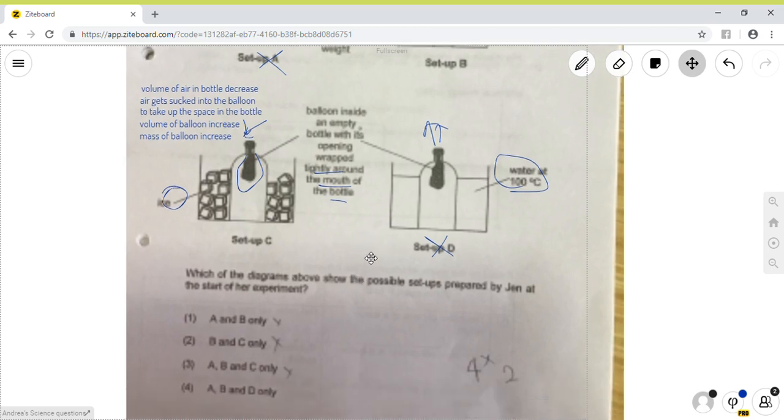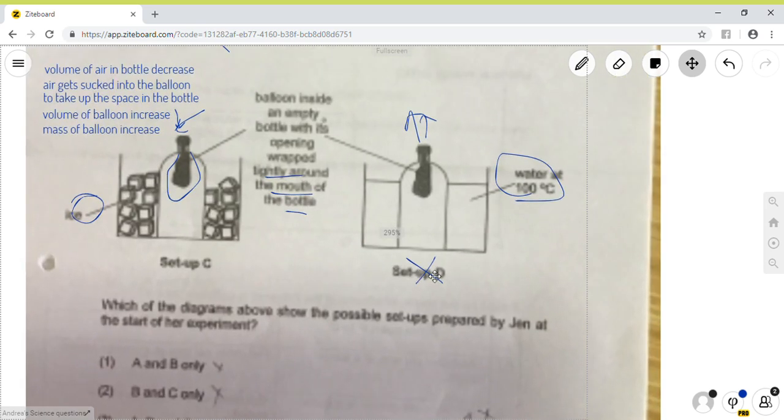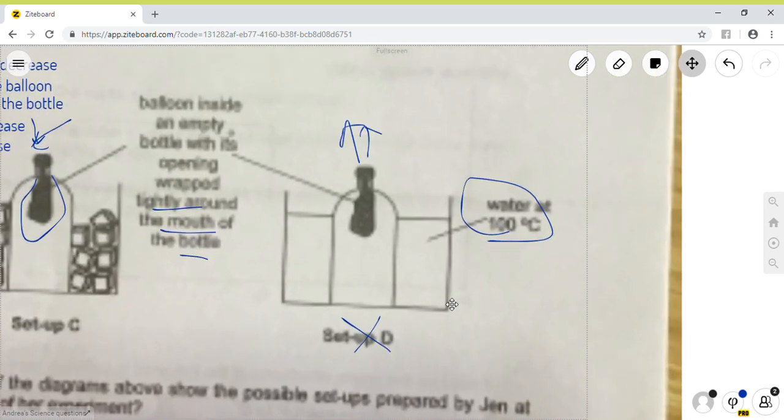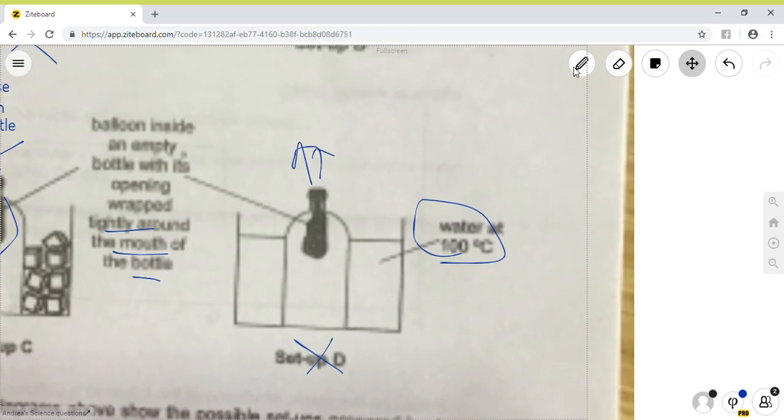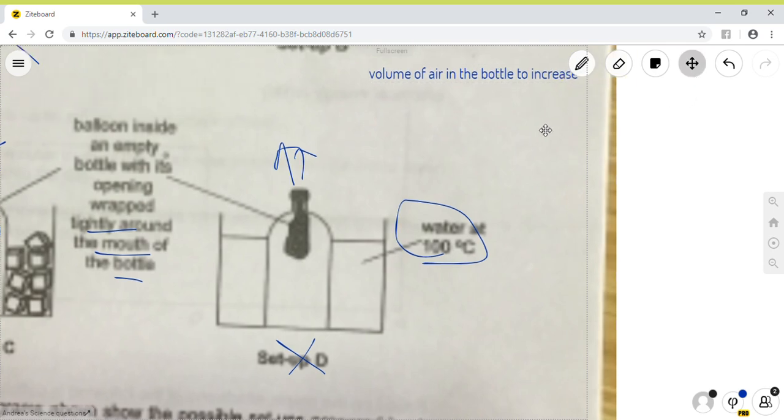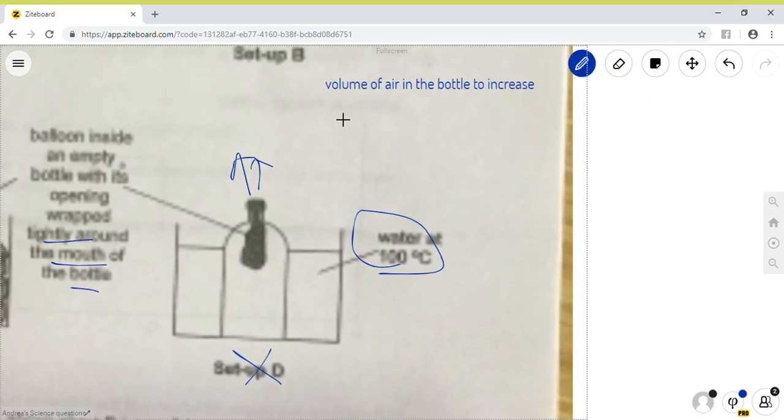So sorry, you were saying, for D? Why is D wrong? Because the hot water caused the volume of air in the bottle to increase.